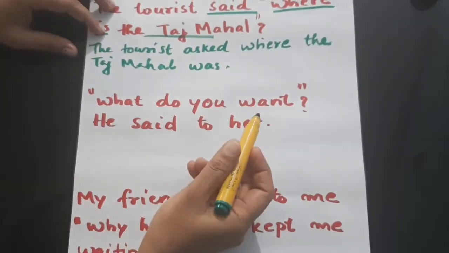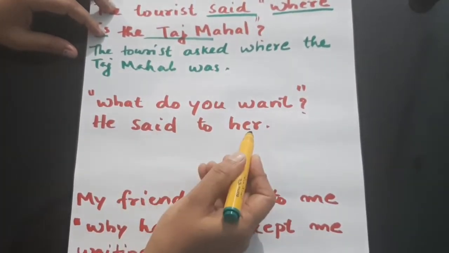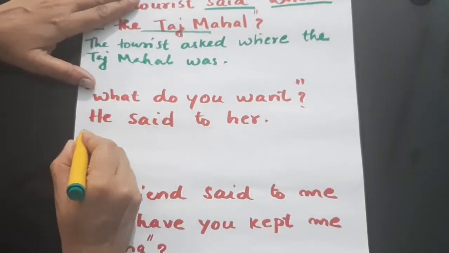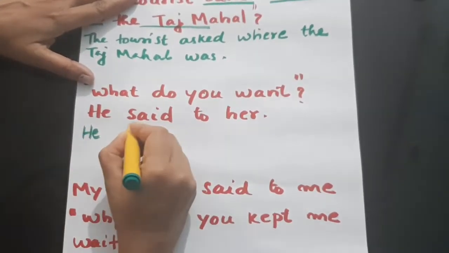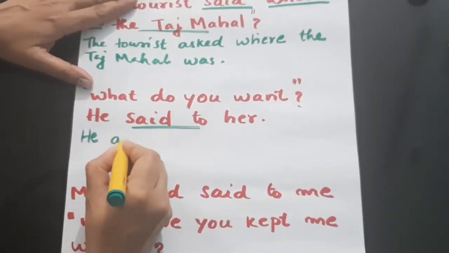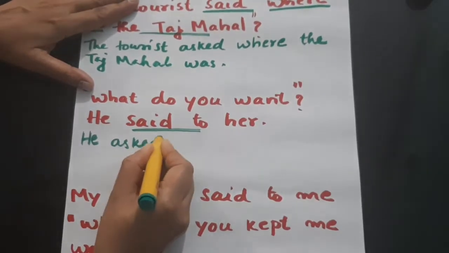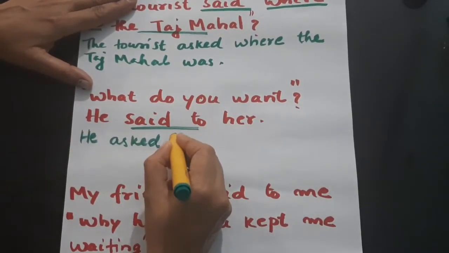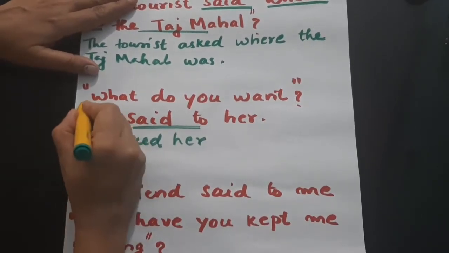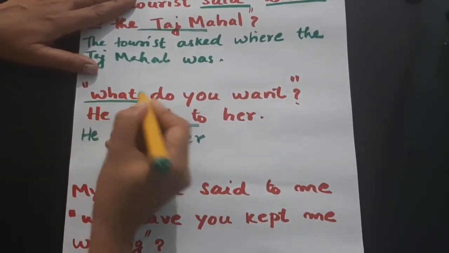What do you want? He said to her. Okay, let's try. He said to. You know that the reporting verb you need to use is asked. Okay, he asked her. Here again, you have a question word. What?